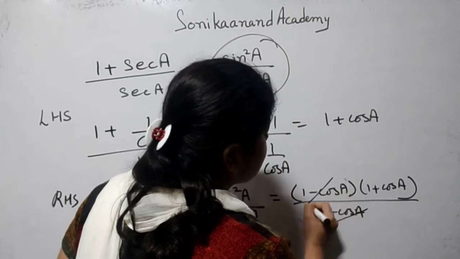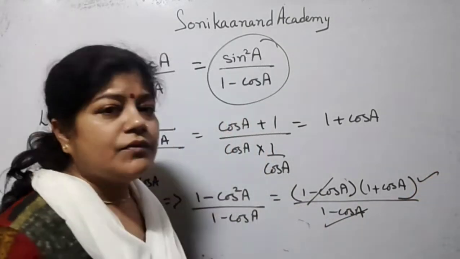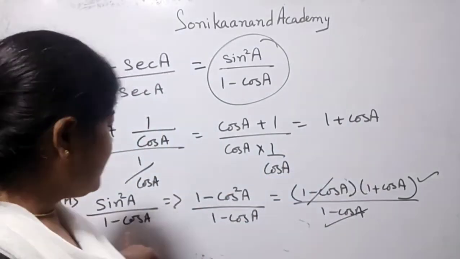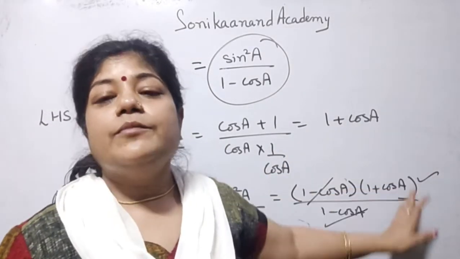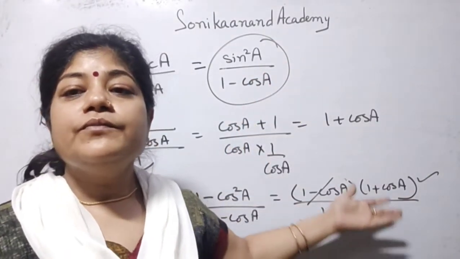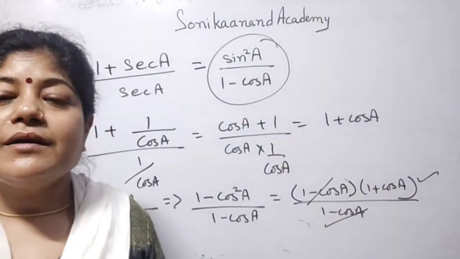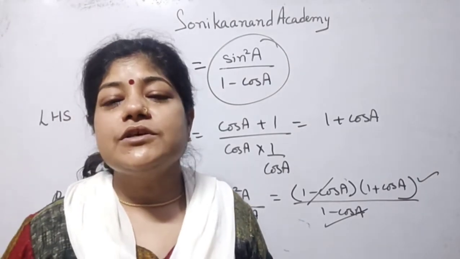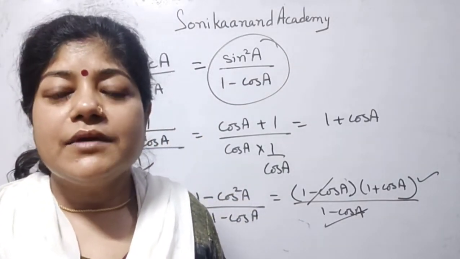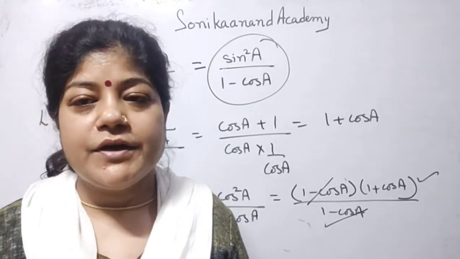Both of them cancel. We are left with 1 plus cos a. Now we easily observe that on the left hand side we get 1 plus cos a, and on the right hand side we get 1 plus cos a, and both are equal to each other. So this is another way to prove trigonometric identities. You can adopt any of the methods which you can easily think of and solve different questions.